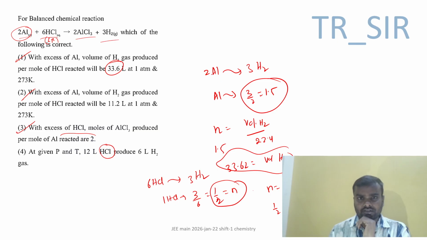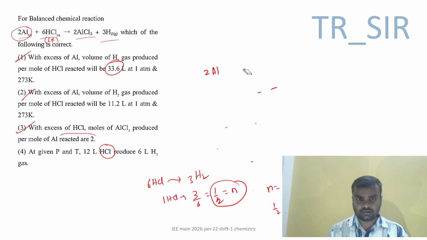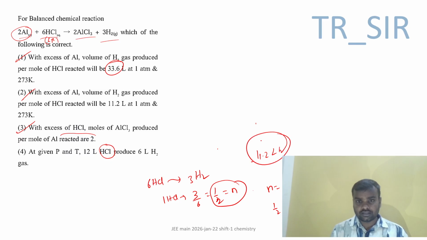The volume of H2 is coming 11.2 liters, not 33.6, so this is wrong and this is right.